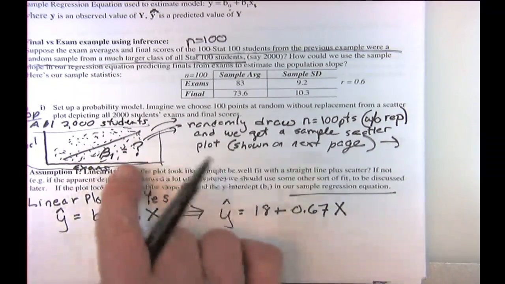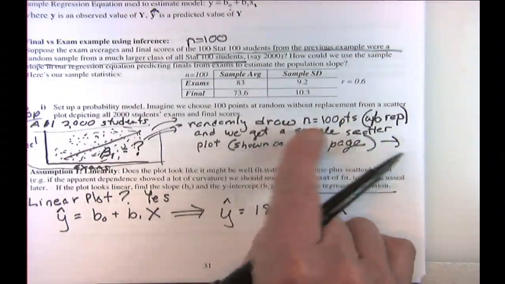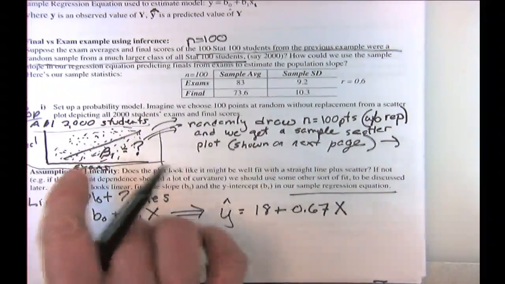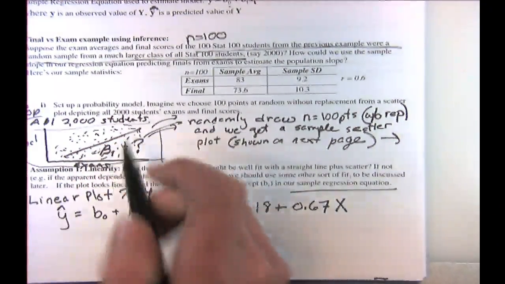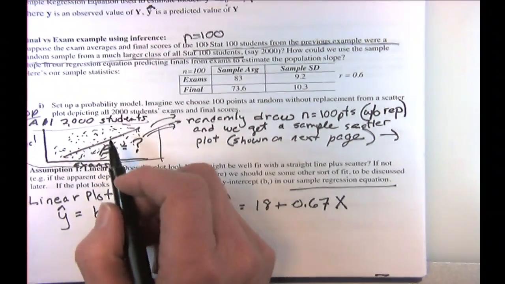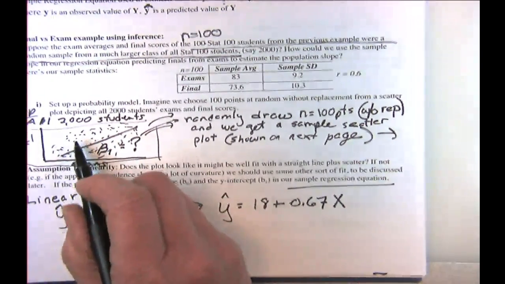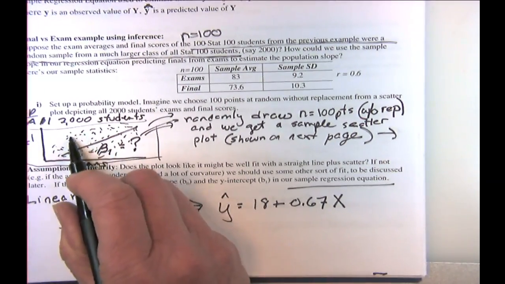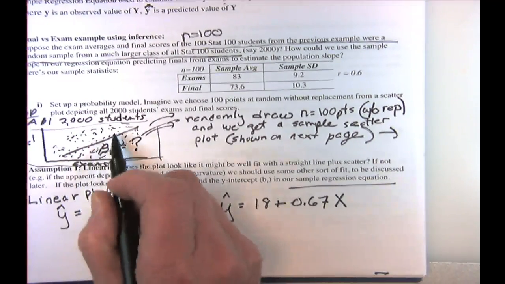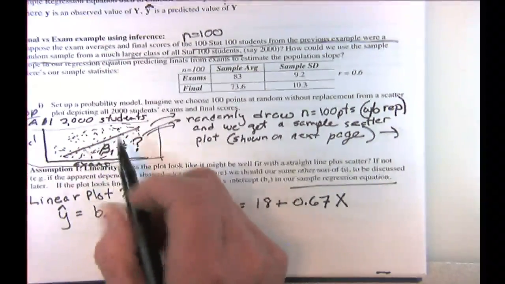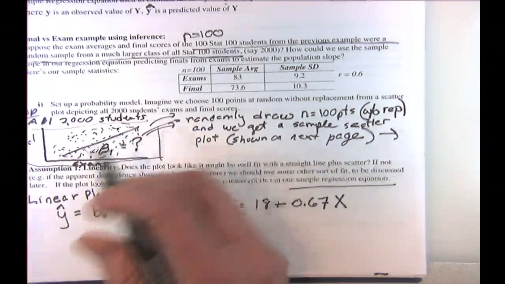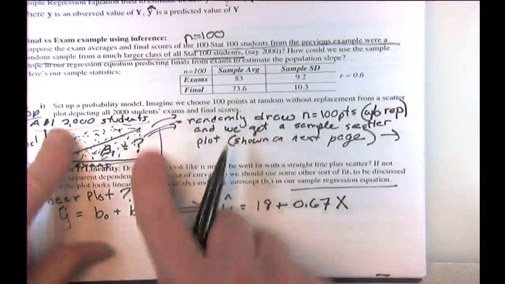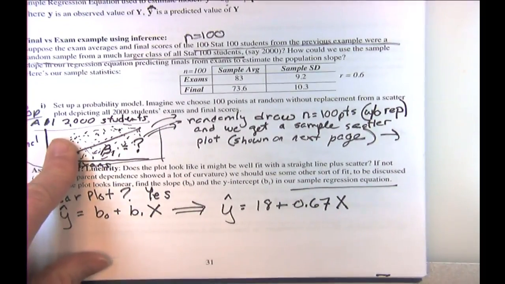The bigger our sample, if we do 200 students, we're going to get more accuracy, less error. Imagine if you only had a sample of 3. You could pick out anything, and you'd have a tremendous variability in what your slope looks like, right?